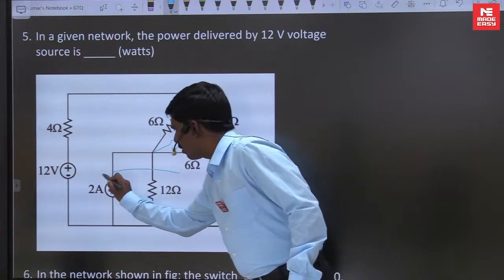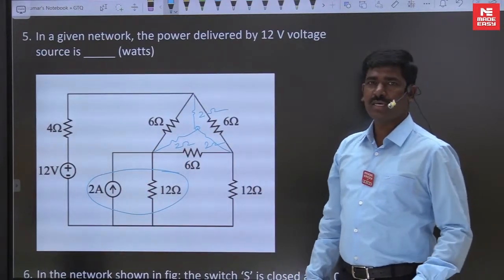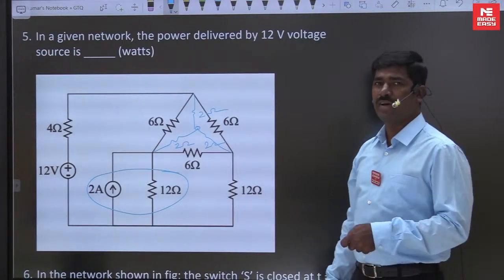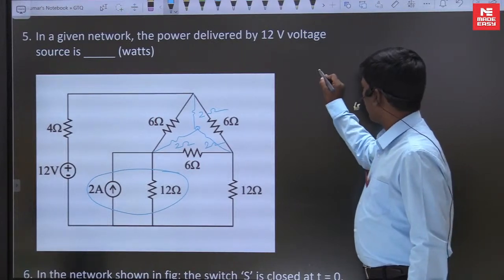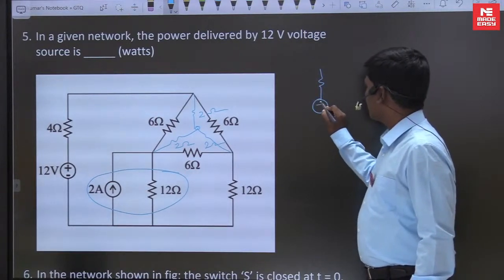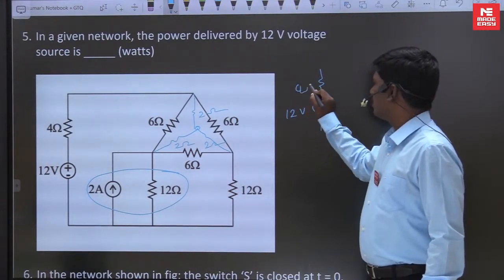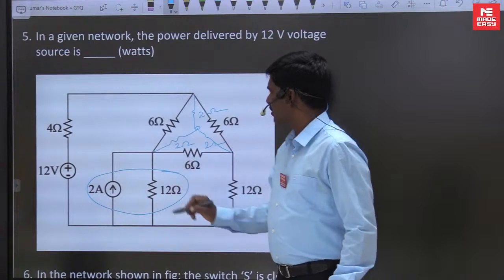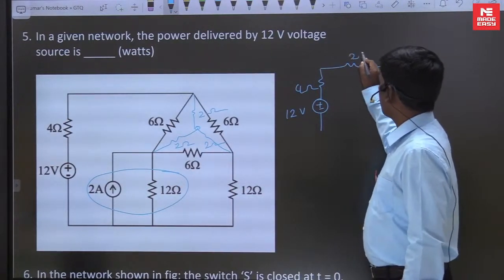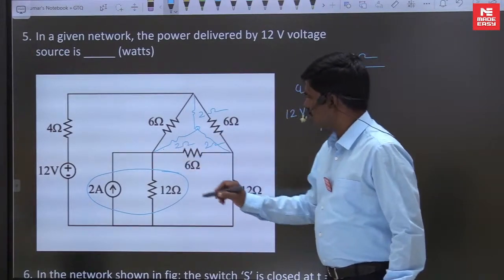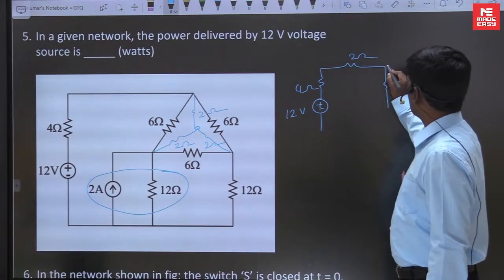This is replaced with a voltage source in series with resistance, that can reduce one equation. Now the modified diagram is 12 volts, 4 ohms, the 2 ohms is here, 2 ohms, here 2 ohms.